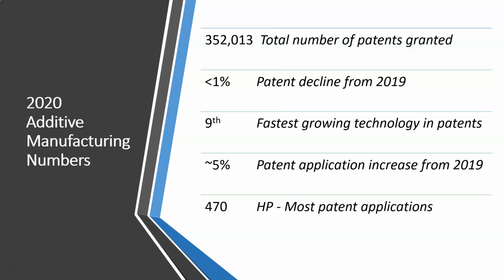The patents that are coming out for that are going to be substantial, but 3D printing really holds its ground there with the 9th fastest growing technology. There was slightly less than a 5% patent application increase from 2019 to 2020. And HP, Hewlett-Packard, has the most patents for 2020, and that was 470 patents they filed.